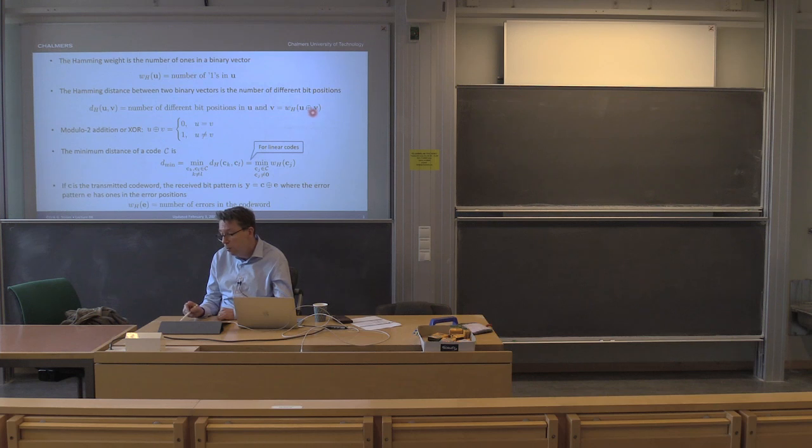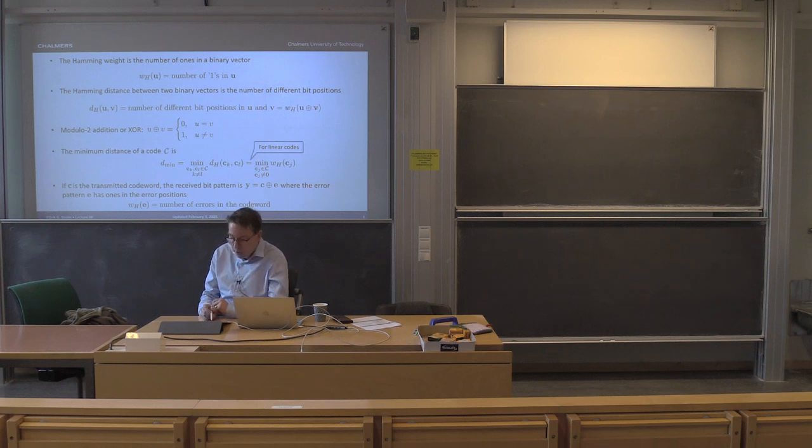By adding u plus v, we get a 0 entry whenever u and v have the same bit, and a 1 bit when they have different bits in that position. So the Hamming weight of the sum of u and v is indeed the number of positions in which u and v differ.